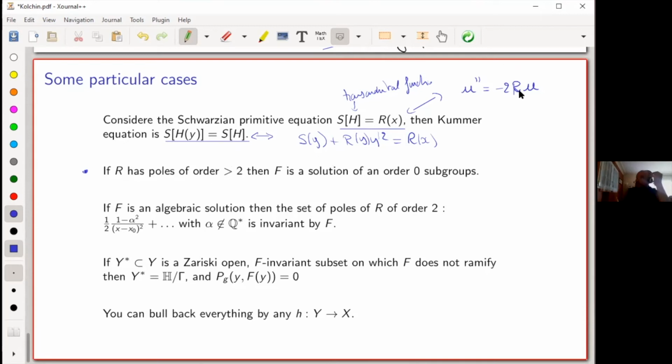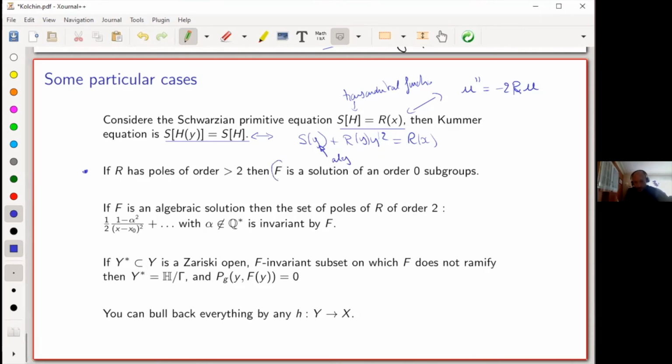There are irregular singularities. So a solution defined in a sector that ends at this point must have exponential growth or exponential decay, because the point is irregular. And when you compose with an algebraic function, now remember that you want to study algebraic things.